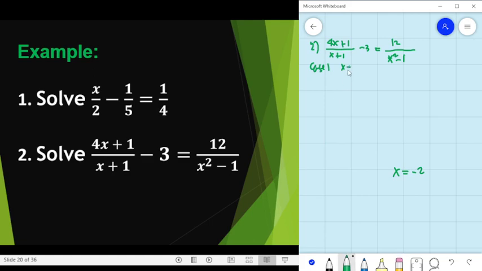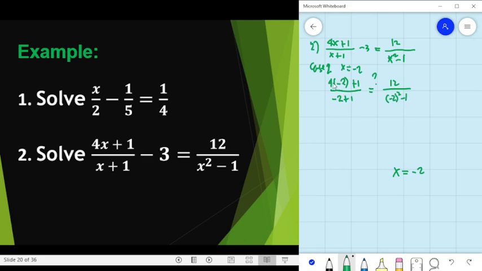When x is -2, substitute. This is case number 2. So substitute all the x's with -2. So we have 4 times -2 plus 1 all over -2 plus 1 is equal to 12 over the square of -2 minus 1.